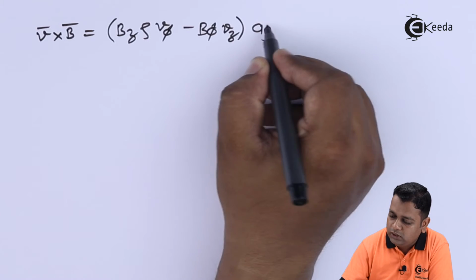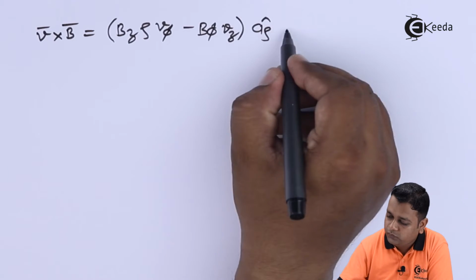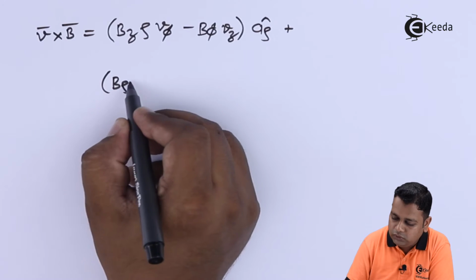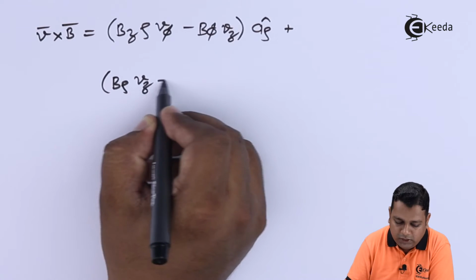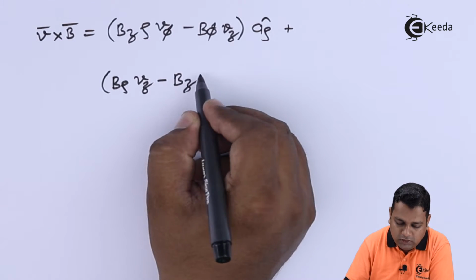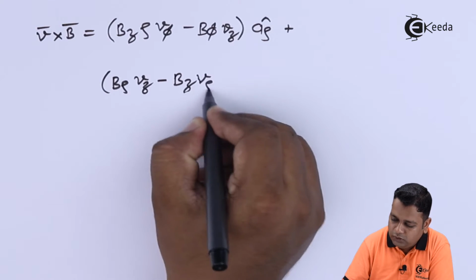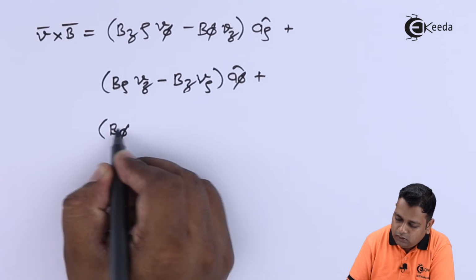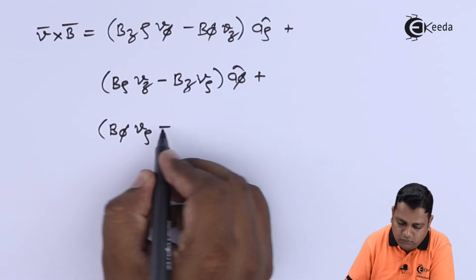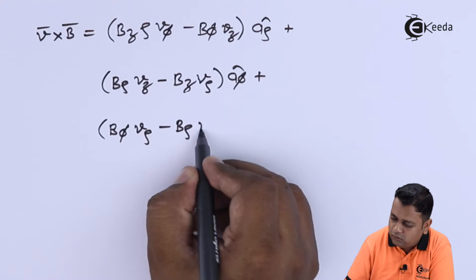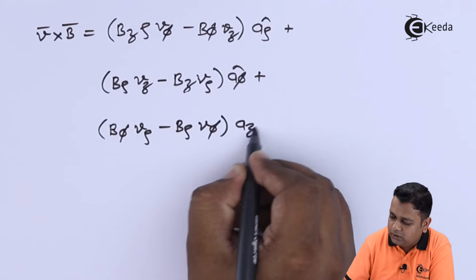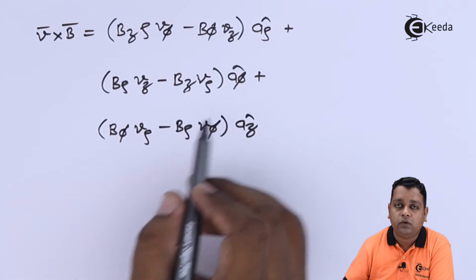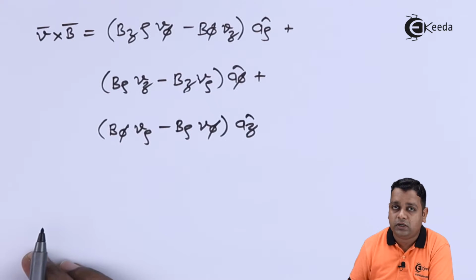This will be in multiplication to the a rho cap here, plus we have B rho vz minus Bz into v rho component into a phi cap, and we have B phi v rho minus B rho into v phi in multiplication with az cap. So taking into consideration this cross product, we can have the equations of motion in the cylindrical coordinate system.